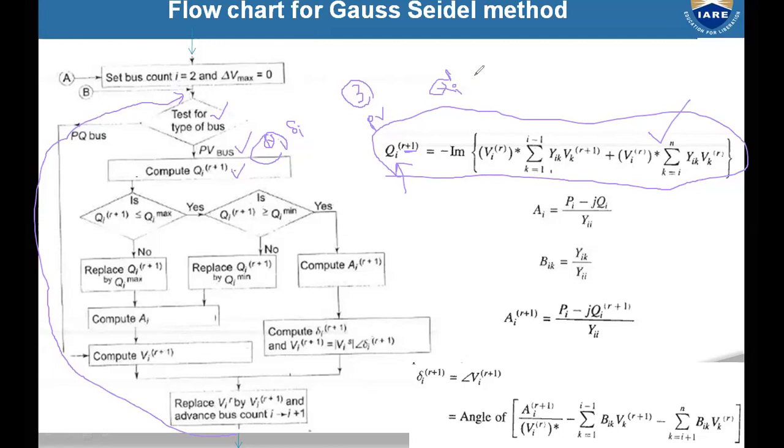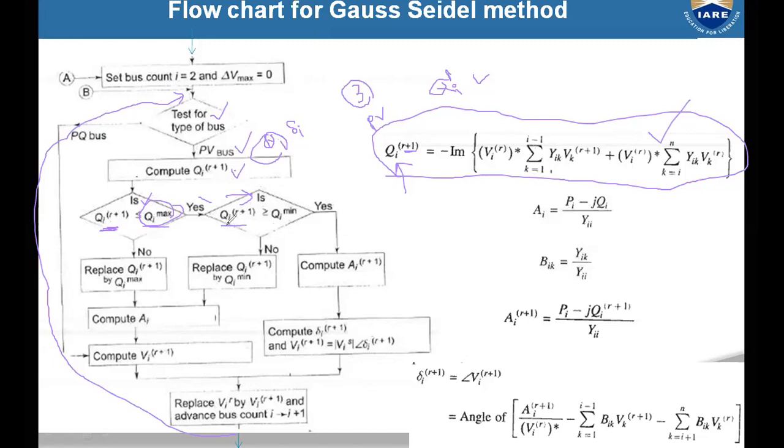Now after calculating the Qi value, you have to check for the limits. Is your Qi^(r+1) value less than or equal to the Qi maximum value? If Qi is less than the maximum value, then you have to check for the minimum value, whether it is greater than the minimum value or not.